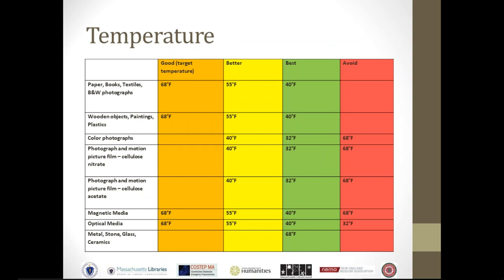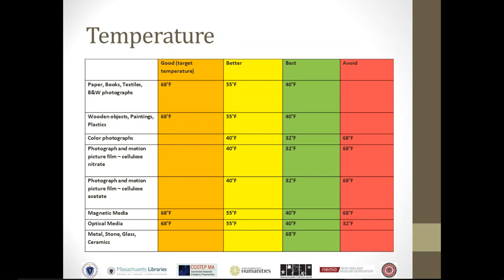So if you take a look at the chart that's here on the screen, I've broken it out for you in good, better, and best increments, and then also ranges that you really want to avoid going above.